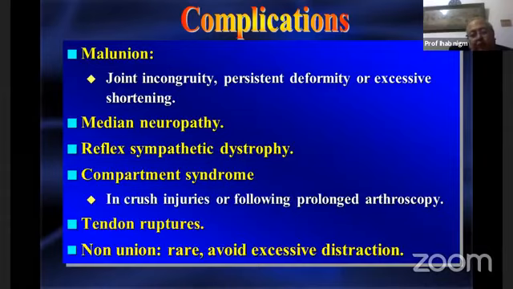Also in volar locked plate, when the screws are long, they can irritate the extensor tendons. And if we insert volar locked plate screws distal to the pronator quadratus, it can cause irritation and rupture of the flexor pollicis longus.